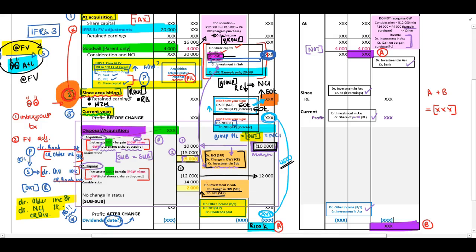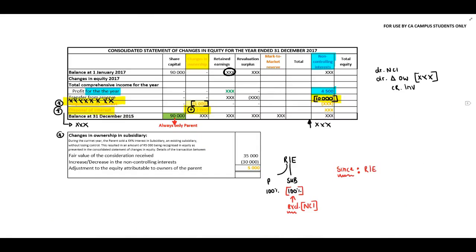Remember, therefore, it will be this orange journal entry. So let's include this separately. We will debit our retained earnings. This is earnings, guys, it's not a loss. And we will credit our NCI in our statement of financial position, statement of changes in equity.